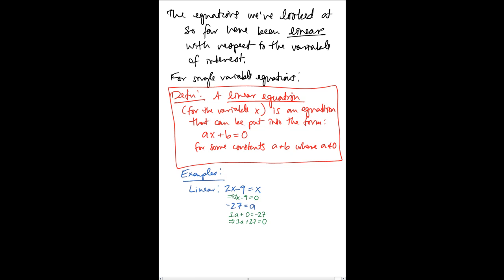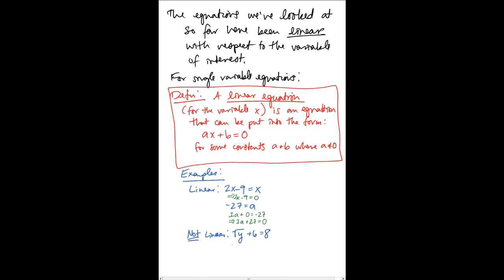What about some examples of some things that are not linear? What would they look like? Well, for example, the square root of y plus 6 equals 8. This square root right here, right away, is going to make it really clear that this is not a linear equation, because there's no way we can get rid of that square root to rewrite it in this form, ax plus b equals 0.